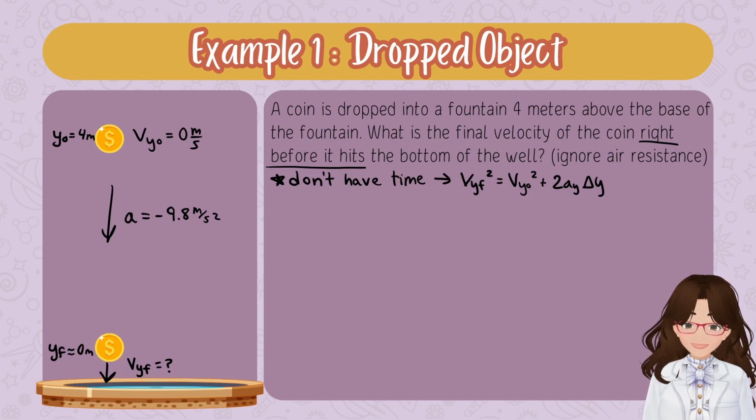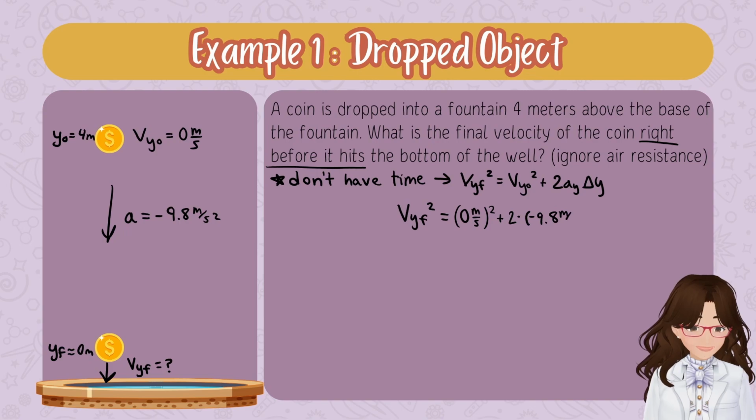In this case here, I know that I want to solve for Vy final, so this is already perfectly set up for me. I'm going to go ahead and plug in the numbers that I do know. That's going to be Vy initial squared, which is just 0 meters per second, plus 2 times negative 9.8 meters per second squared times our delta y.